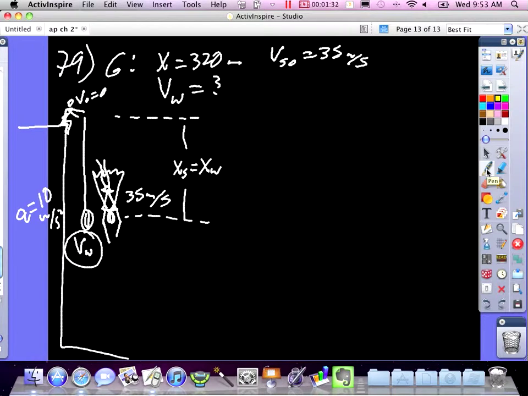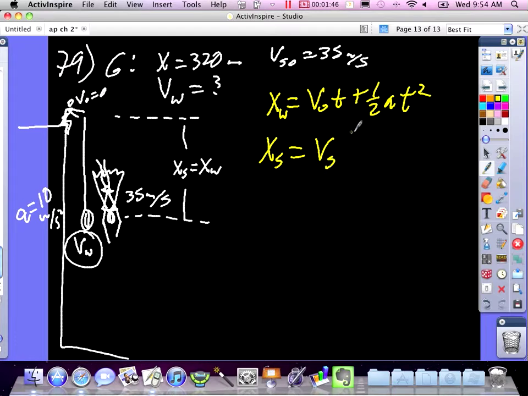So then, of course, the position function of the watermelon is just v0t plus 1/2 at squared. And then the position function of Superman is just vs times t. So what does that do for us?